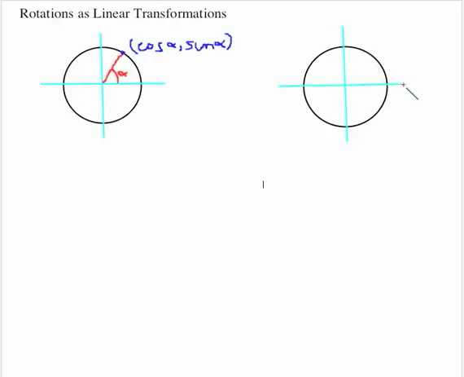So what I want to do now is say, okay, if I've got this vector, which just corresponds to this point over here, right? So now instead of thinking of points in the circle, I'm thinking of a vector that goes from the origin to that point on the circle. So I'm going to rotate this again.